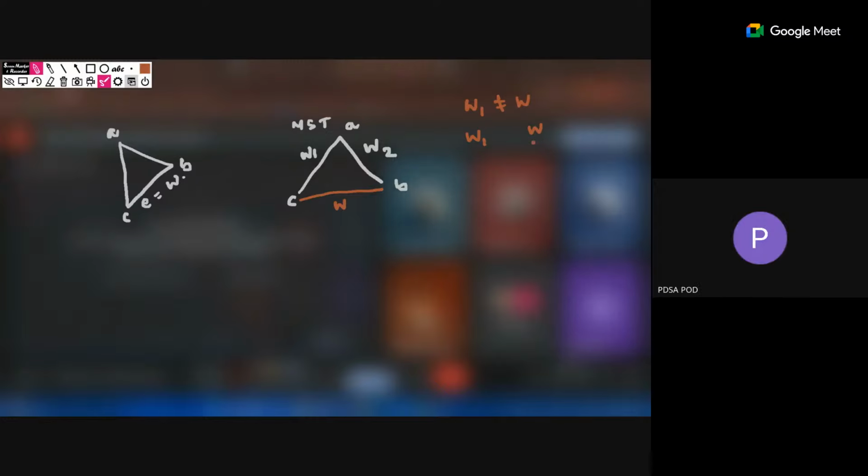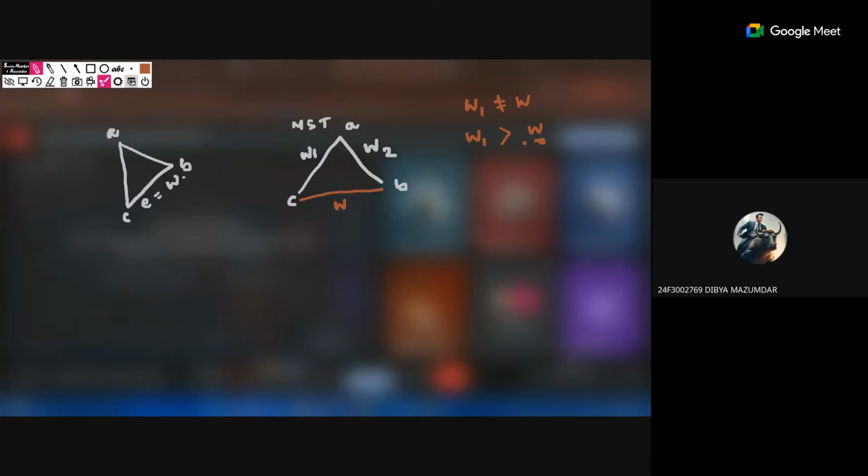So W is the minimum value out of W1, W2, W. And we are assuming that W1 is not equal to W, so our W1 will be greater than W. You agree to this?